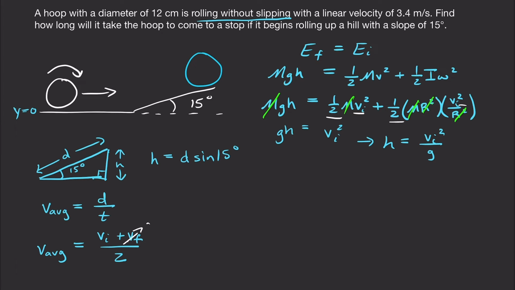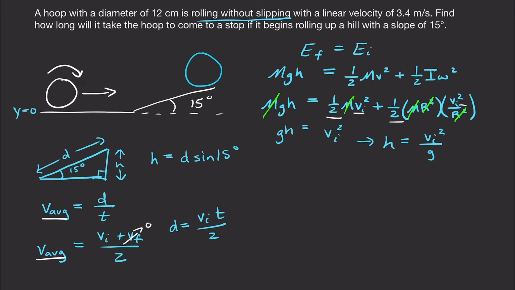And here vf is going to be 0 since it's going to stop at the top. So since these are both average velocity, we can just set them equal to each other. And that's going to give us that d is equal to vi times t divided by 2. Okay, so we got d over t equals vi over 2, and we just multiplied by t.